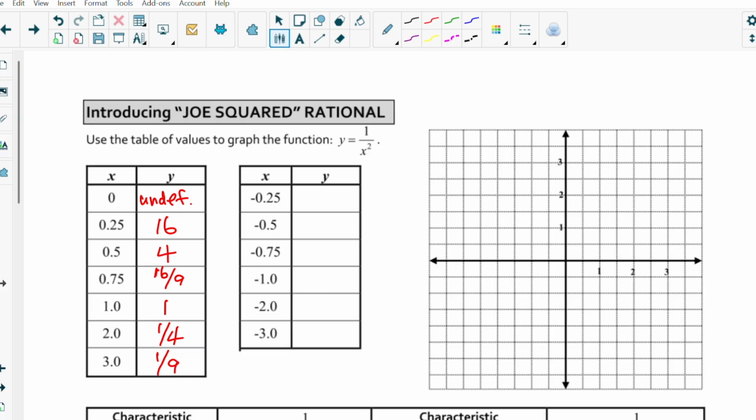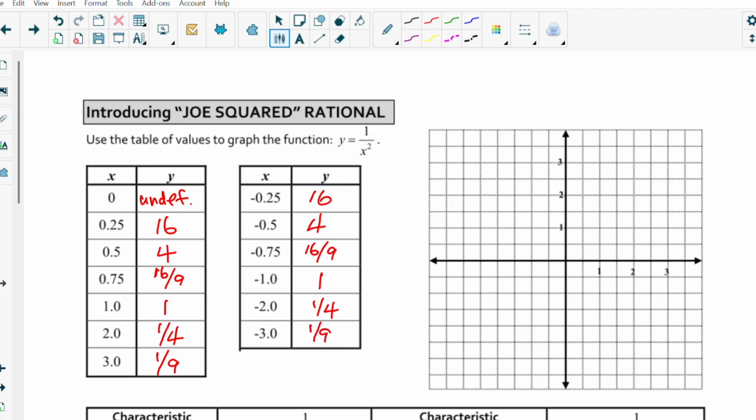Negative 0.25, that is 16. Negative 0.5, that is 4. Negative 0.75, that is 16/9. Negative 1.0, that is 1. Negative 2.0 is 1/4. And negative 3.0, 1/9.